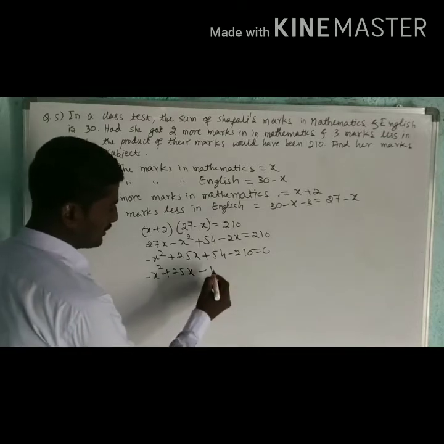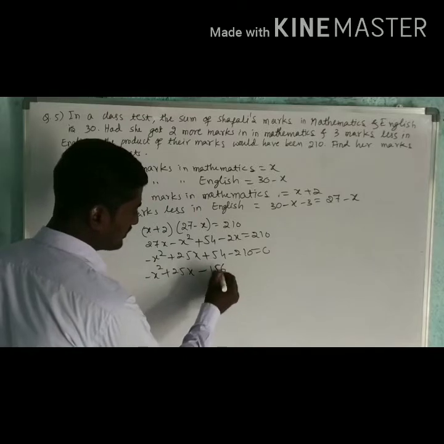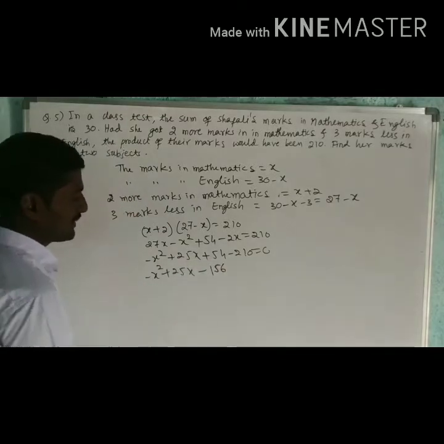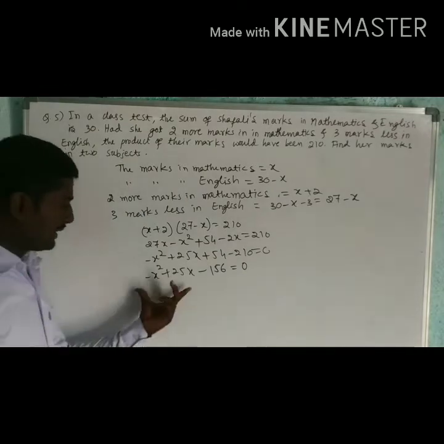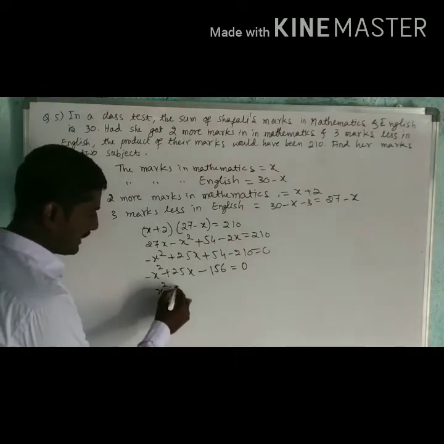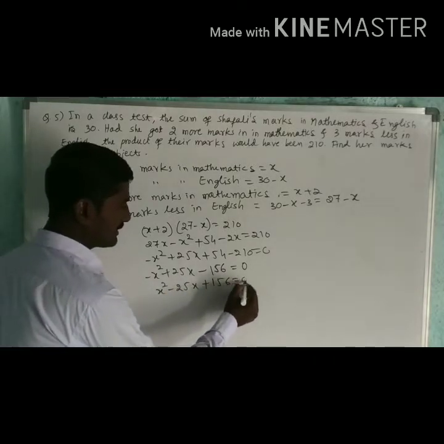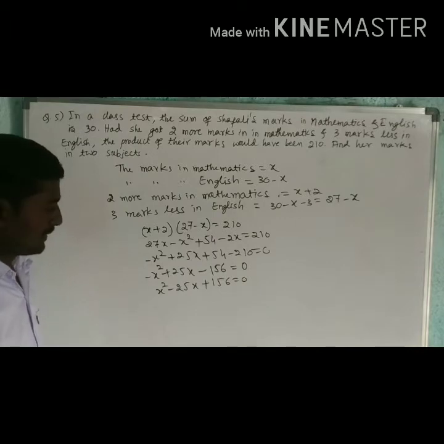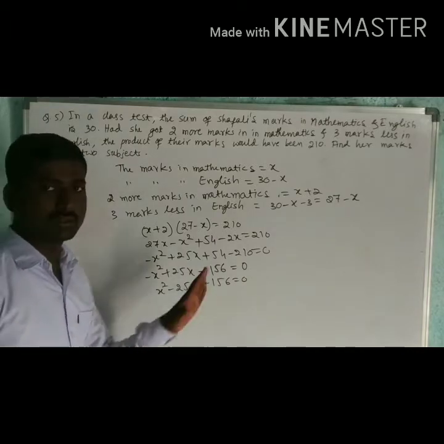So this is how much? Minus 156. Am I right? Minus 156 is equal to 0. Now I will take the minus sign common here. It will become x square minus 25x plus 156 is equal to 0. Now we got the standard form.